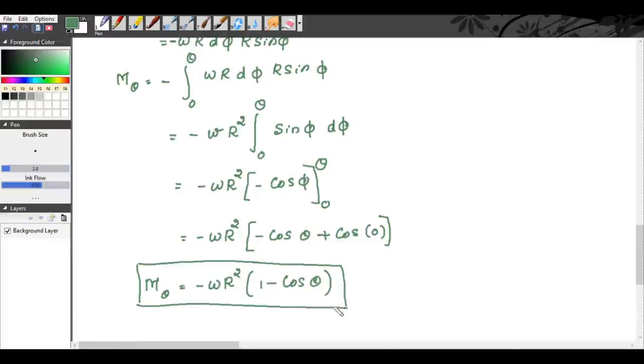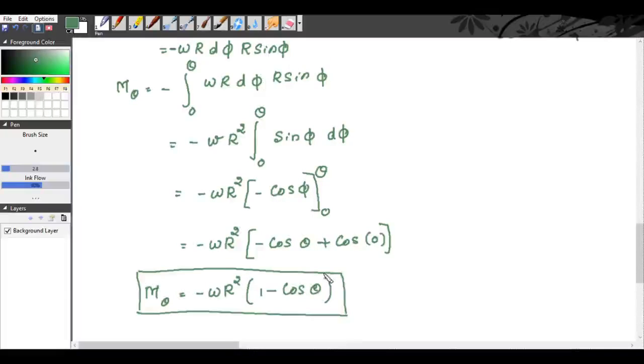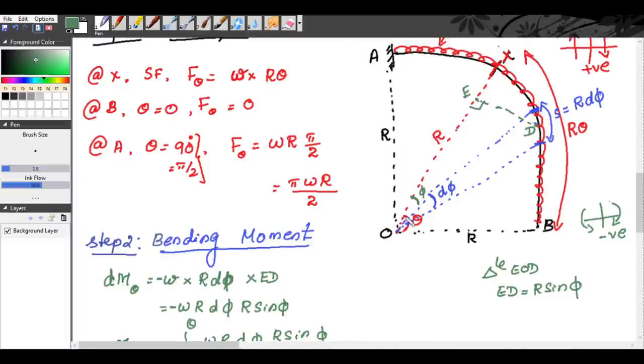This is the derivation for the bending moment at section X for a curved quadrant beam when subjected to a uniformly distributed load. Now this varies with respect to theta. So now theta varies from 0 to 90, that is 0 to pi by 2. At B, theta is 0. At A, theta is pi by 2.